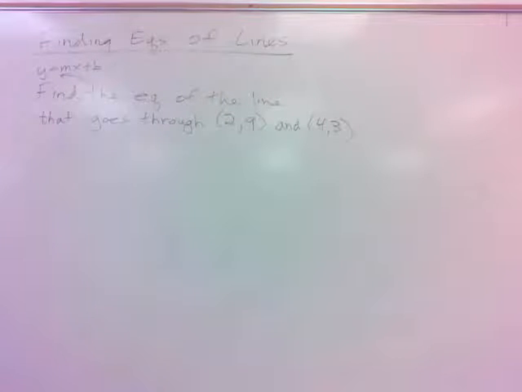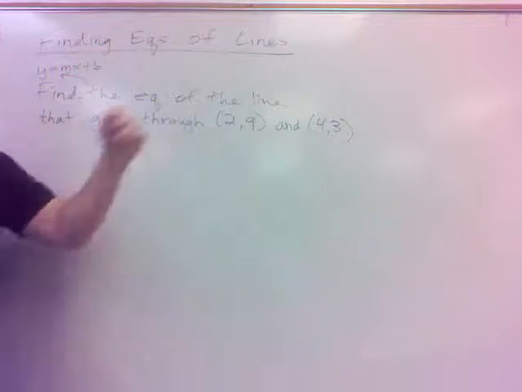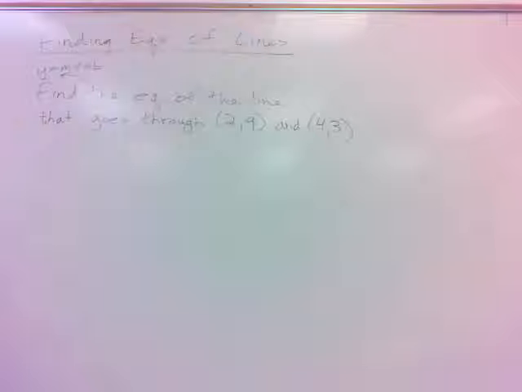However, I have a slight problem here because do I know m? No. Do I know b, or is it given in the equation? No. Neither one of these gives me the m, and neither one gives me the b, the y-intercept. However, what can I do to remedy that?